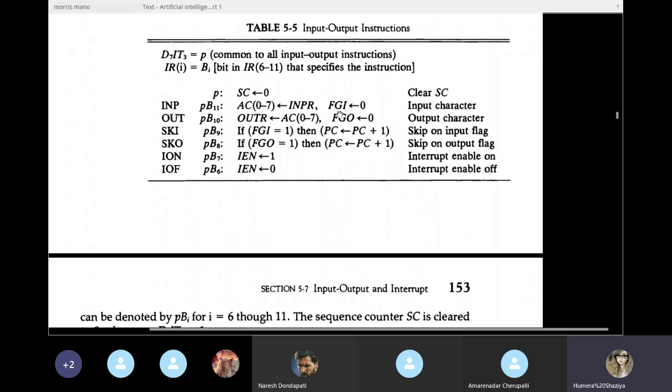For output, you transfer the accumulator contents into the output register and clear the flag. If the input flag is equal to 1, then we increment the program counter. If the output flag is 1, then we increment the program counter. And if interrupt enable on is the instruction, then IEN is set to 1.